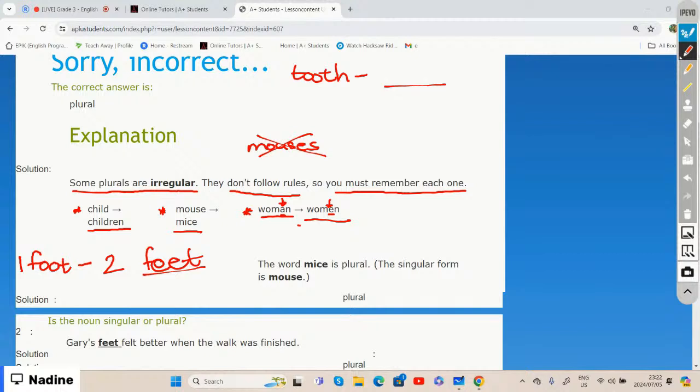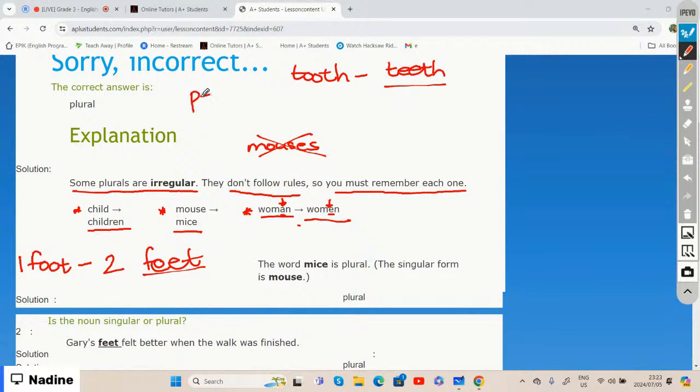One tooth is rotten, but my other teeth aren't rotten. All right. So yes, we have one tooth and we have lots of other teeth.